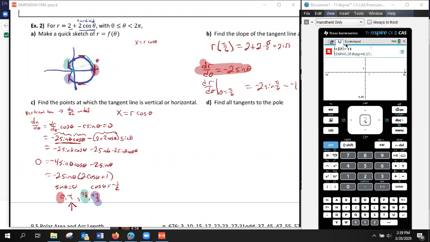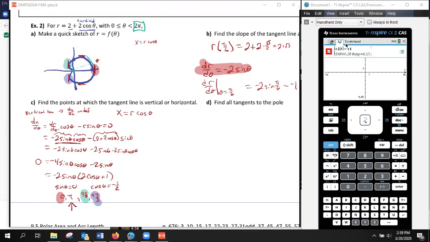Somebody asked, will you have to include 2π as well? You could say 2π, but if you notice in the directions up here, 2π would not be included, so no, you don't. So all of that work just to find my vertical tangents.